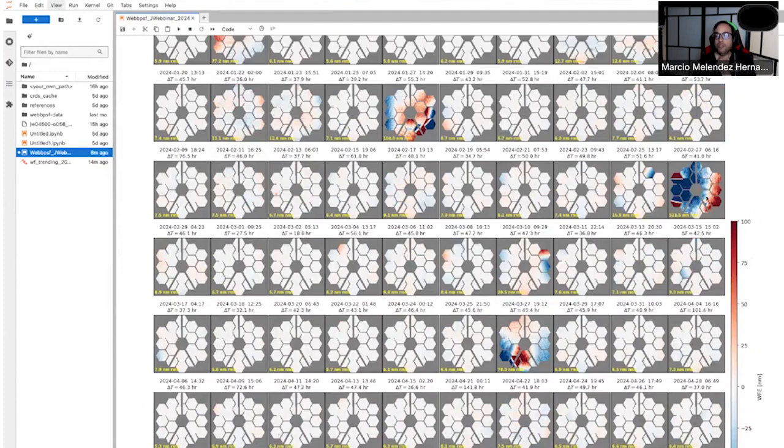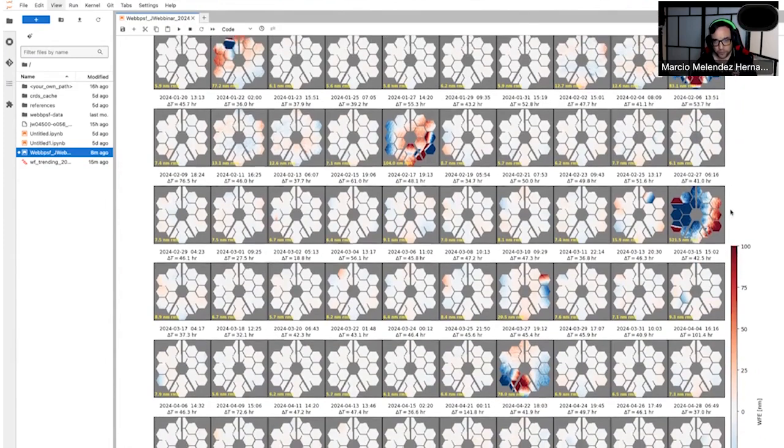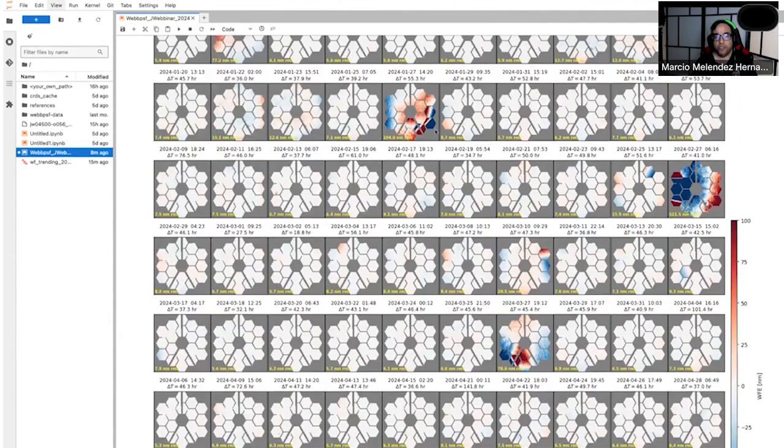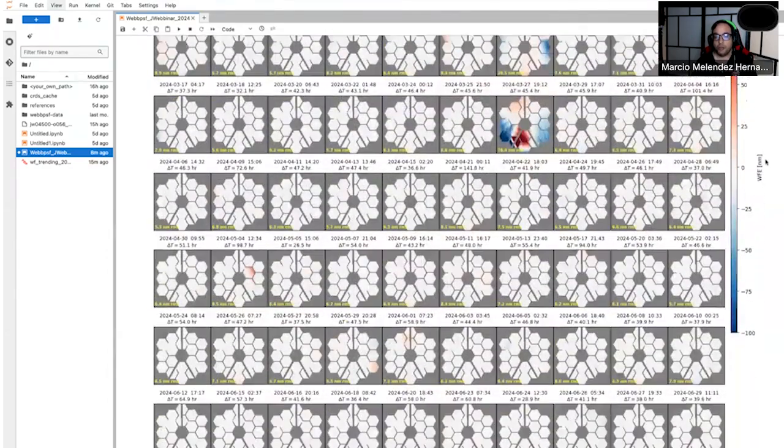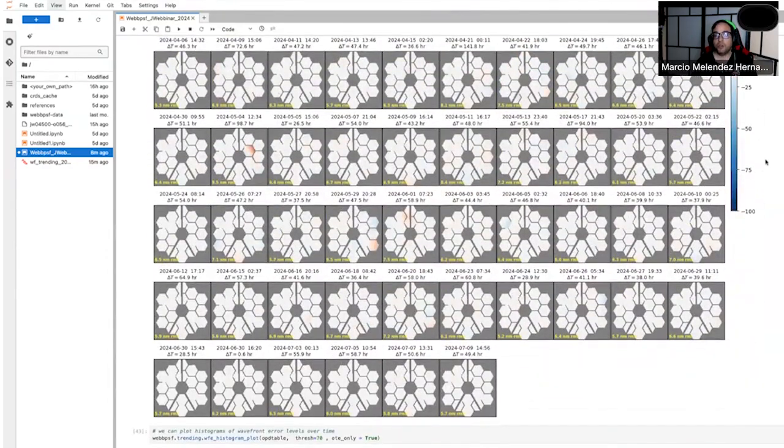Some of these, like this large one here at the end of February, is the one that had that memo of this large correction that needed to be applied to the telescope, that we applied quickly. But in general, many of these, you can see that we were able to correct after a day or so. And in the past month or so, you see the drift has been fairly stable with a few changes here.